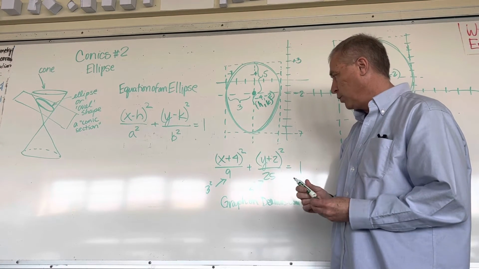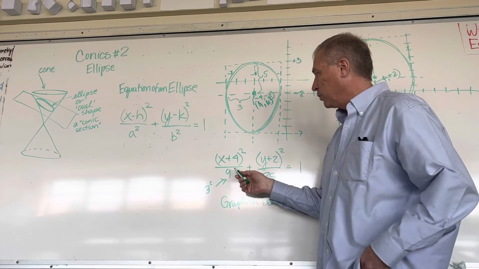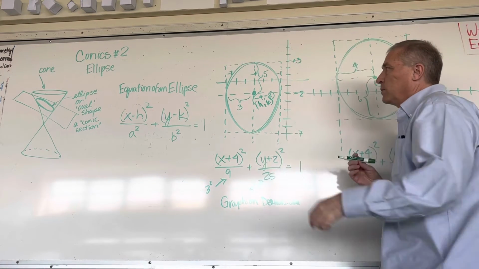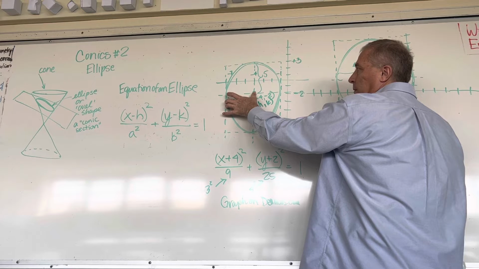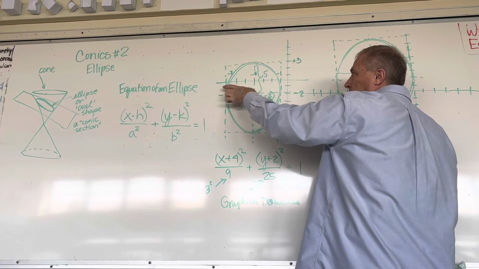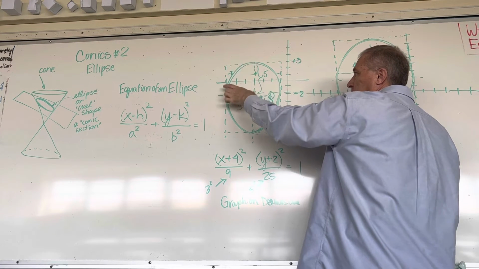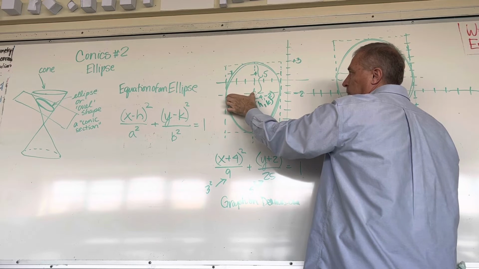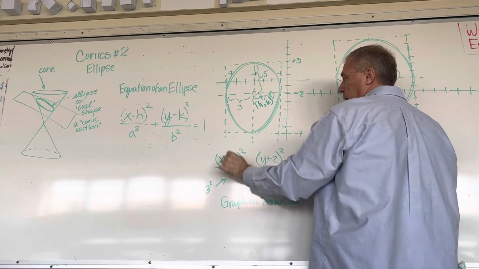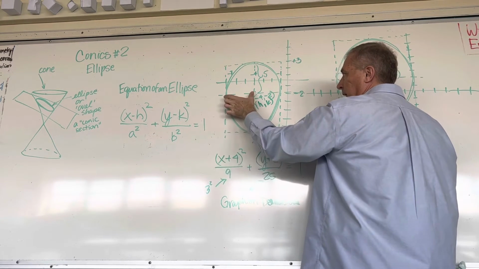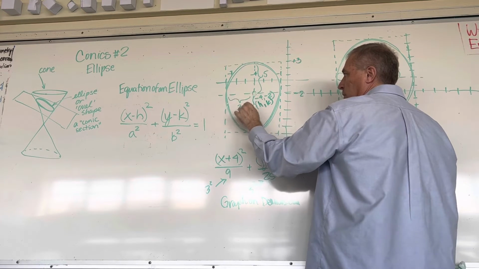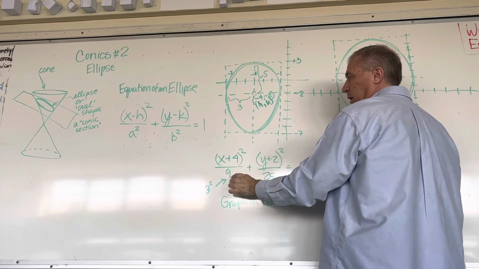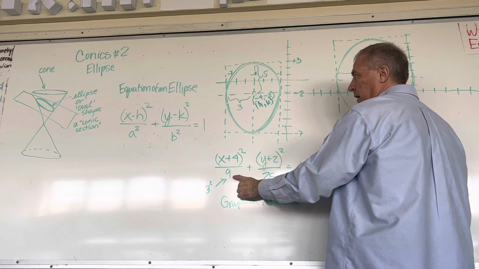And then notice the new component: we have 2 radii. This is a radius here of the ellipse, and this is a radius here, one on the x, one on the y. This one is 1, 2, 3 for its radius, and so we square it. For the x direction, 3 gets squared and put under the x term, 9.